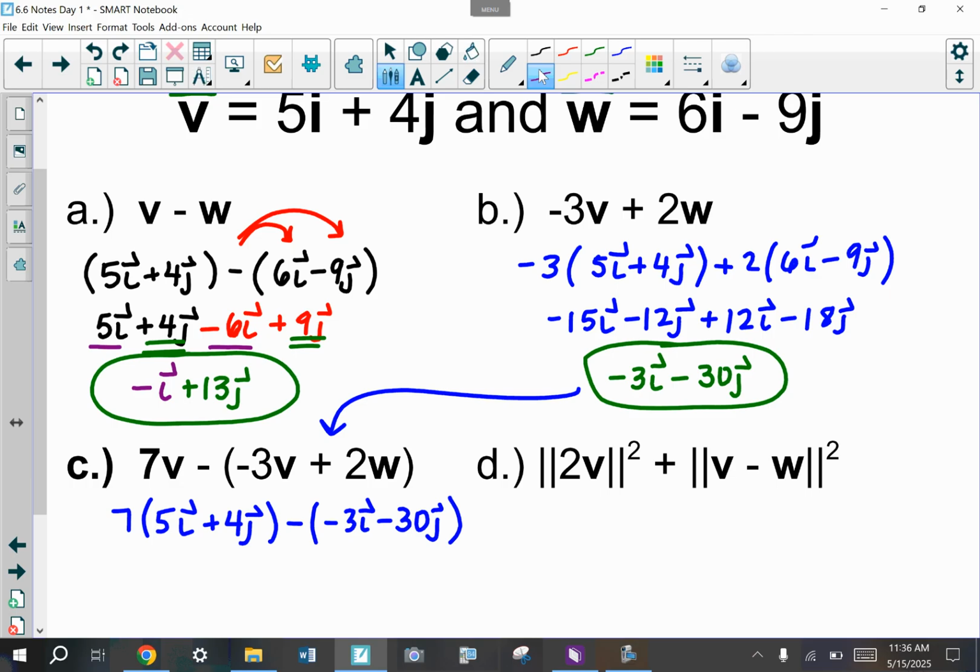Again, we're making sure we're doing correct algebra. It's easy to make silly mistakes, so we want to practice that so we don't make those mistakes, hopefully.